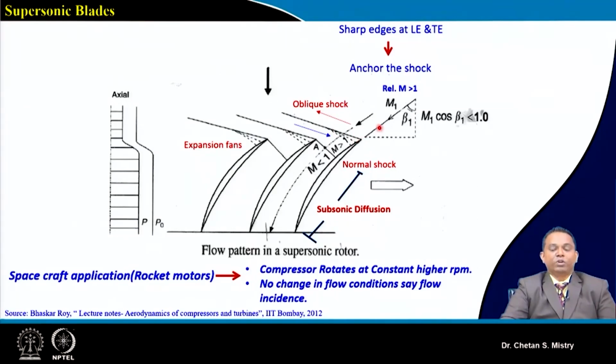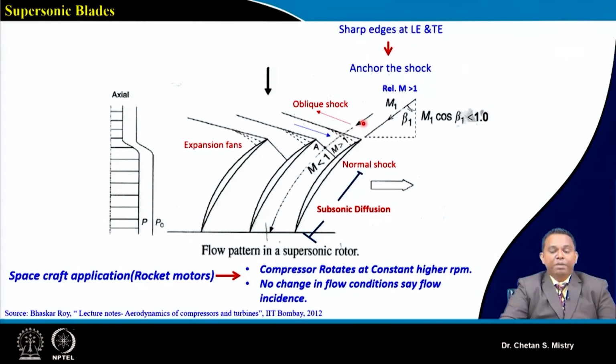We can say it is anchored at the leading edge. Now because of the curvature of the suction surface, the flow will be subjected to the formation of expansion fans. So this is representing the expansion fans.